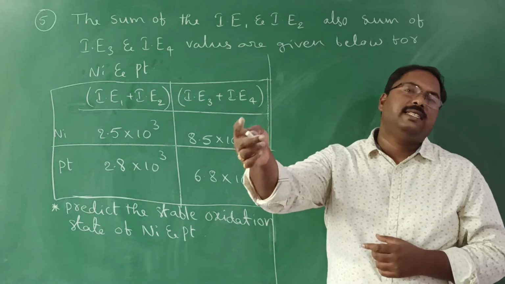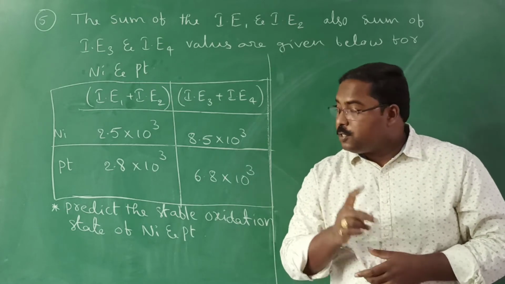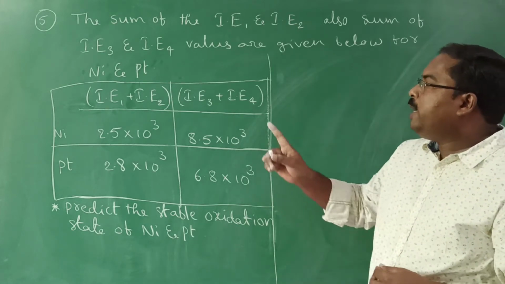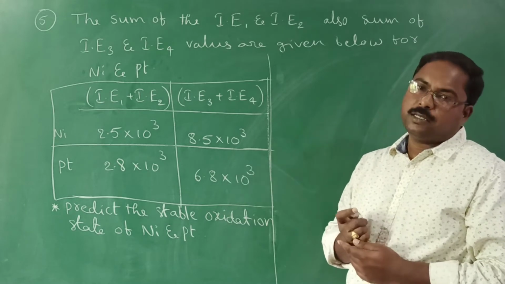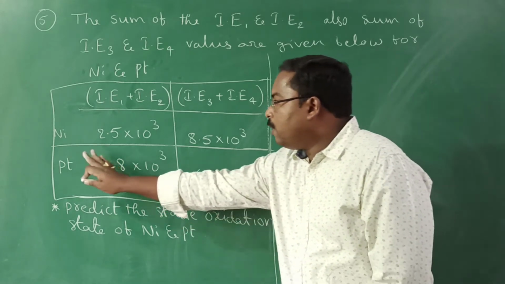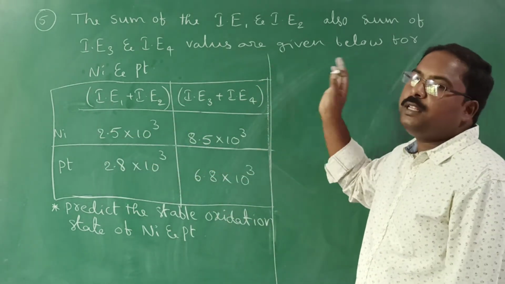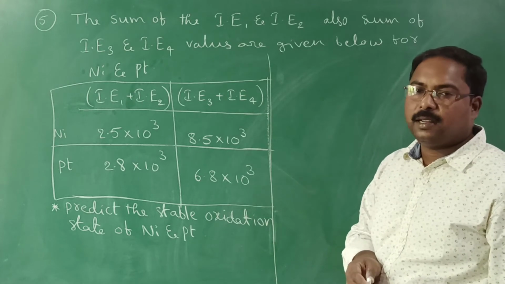When the ionization energy is higher, when the ionization energy is lower, we discussed. Based on that knowledge, we can answer this type of question also, right? Both nickel and platinum have 4 valence electrons or even more than 4 valence electrons present.